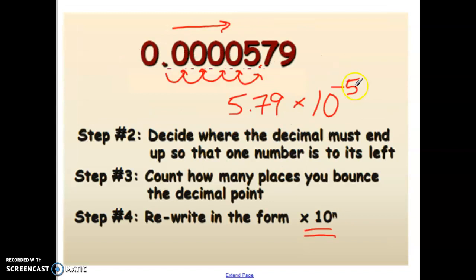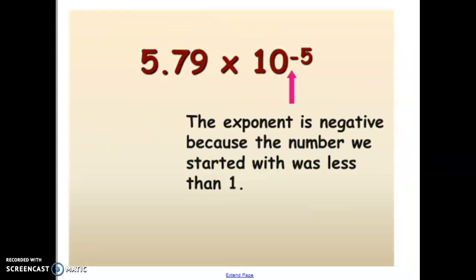The negative tells us we're moving it to the right. The number itself still tells us how many times we're moving it, but the sign will basically tell us whether it was a large number to start or a small number to start. So here we would have 5.79 times 10 to the negative 5. The exponent is negative because the number we started with was less than 1. So it was a small number to start with.